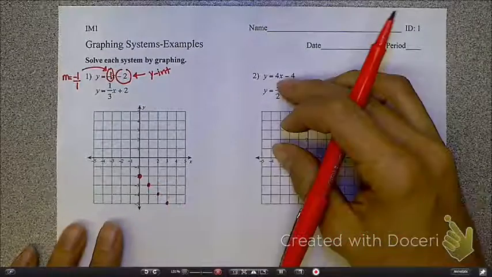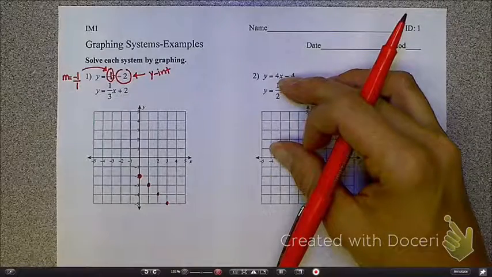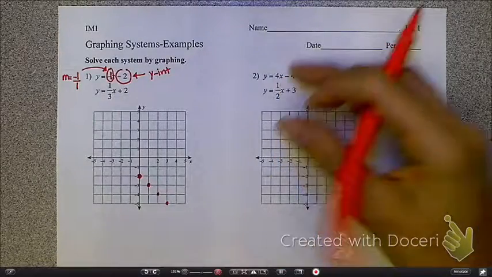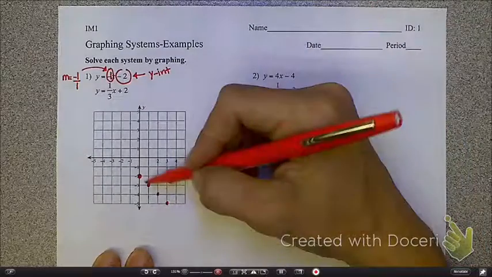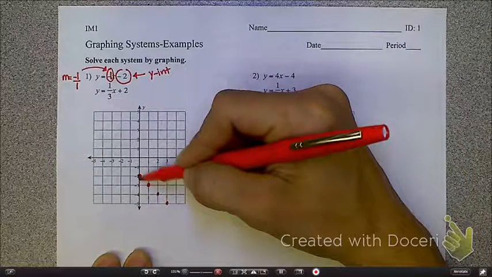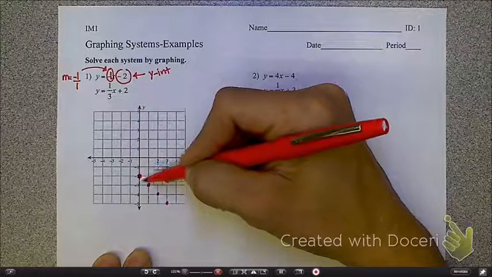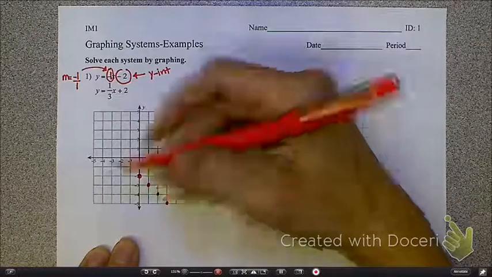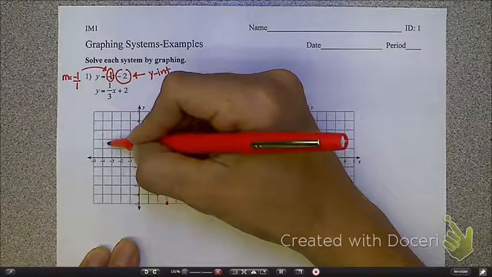Now, when you're graphing these systems today, you want to make sure you graph as many points as will fit on your graph. And even after you've run out of room going in the correct direction with your slope the first time, you want to try to go in the reverse direction to get some more points.